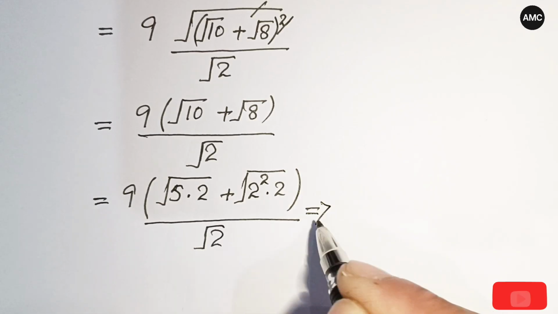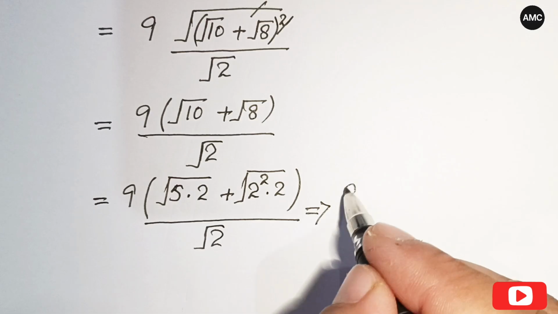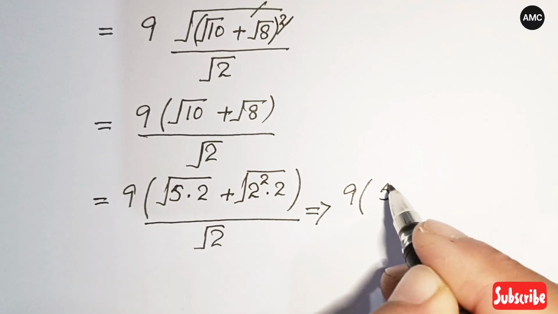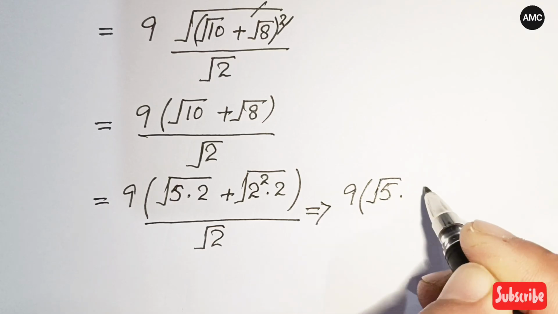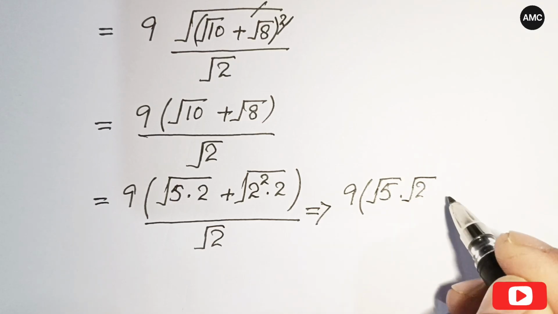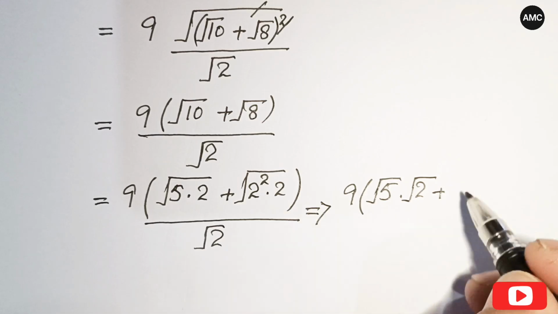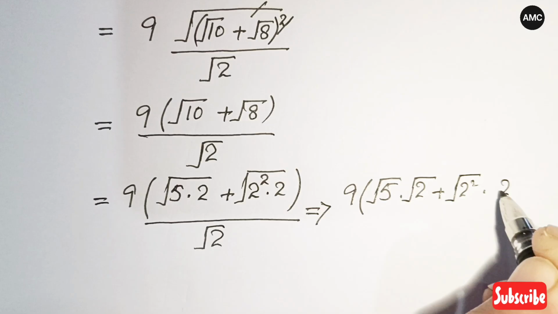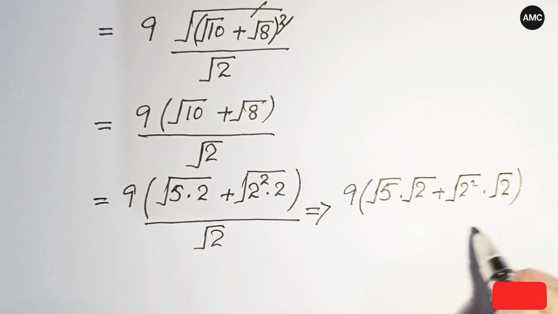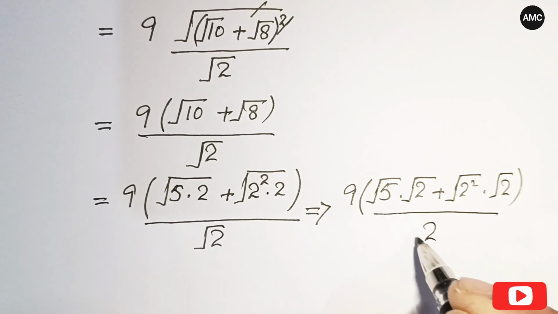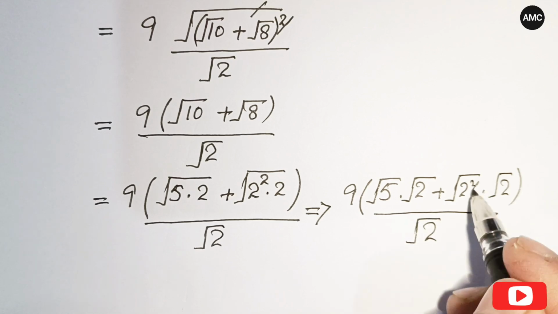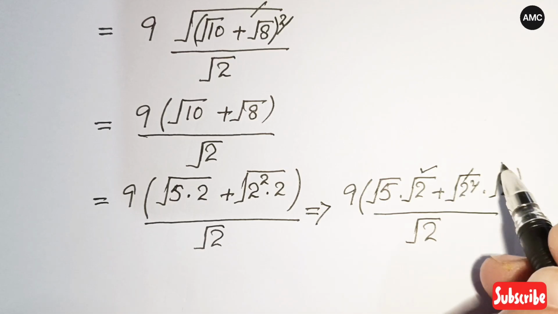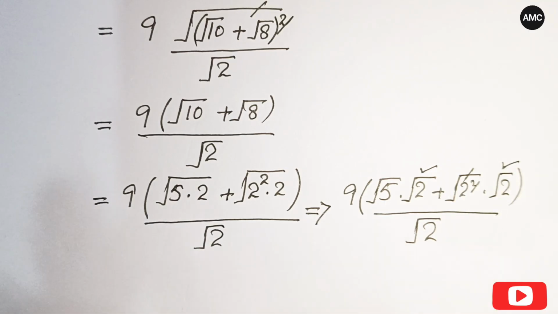Now if we write separately under the square root, we will get square root of 5 times square root of 2 plus 2 squared under the square root times square root of 2 all over square root of 2. Here this square is cancelled out with the square root. We have this square root of 2, and square root of 2 is a common term.